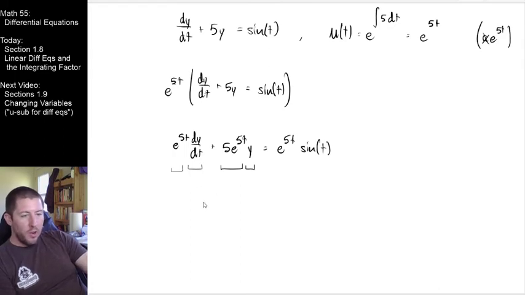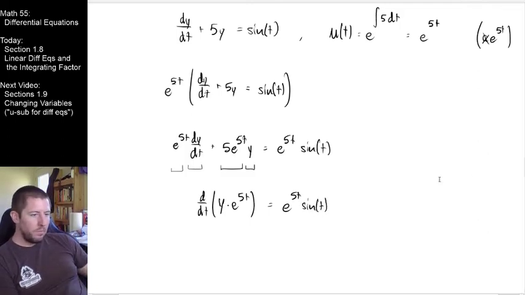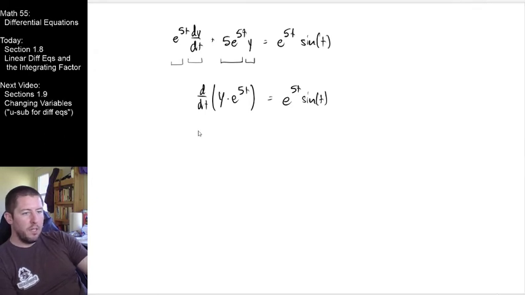So I'm going to now rewrite this left-hand side as the product rule that I can recognize it as. This looks like just y times e to the 5t. Now over here, it looks like we've got something that's a little bit tougher. I know I'm going to have to integrate this. Let's see if we're good enough to do this.